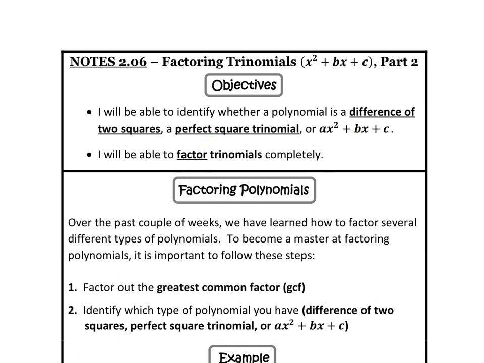We've covered different special situations like the difference of squares, the perfect square trinomial, and the last lesson was factoring trinomials in general, where you multiply the first and the last and see if you can find two numbers that add to the middle term.